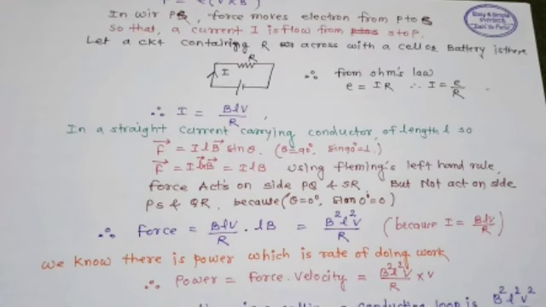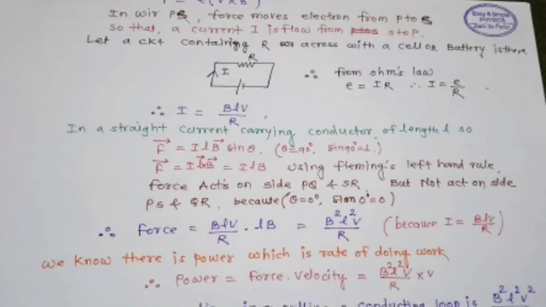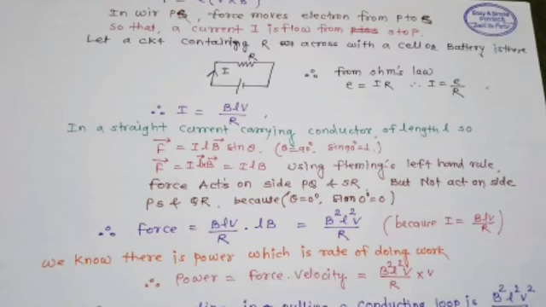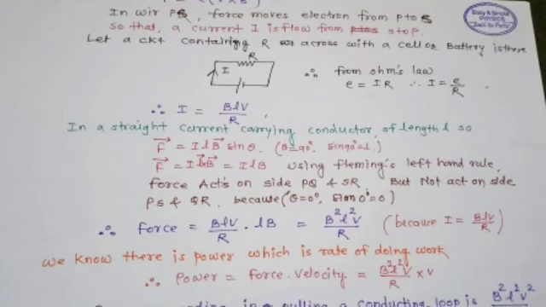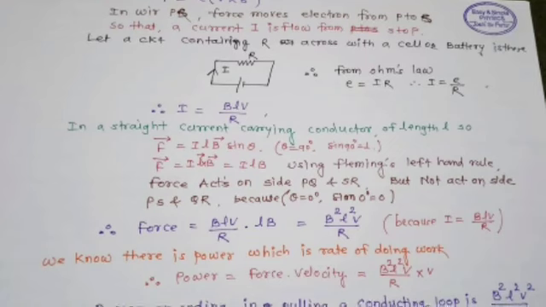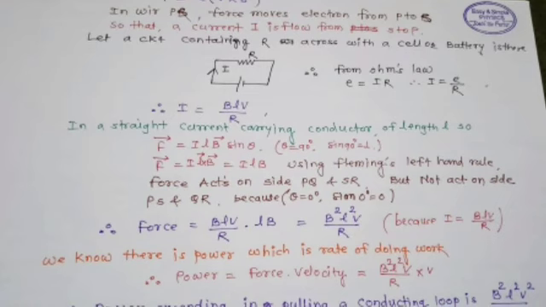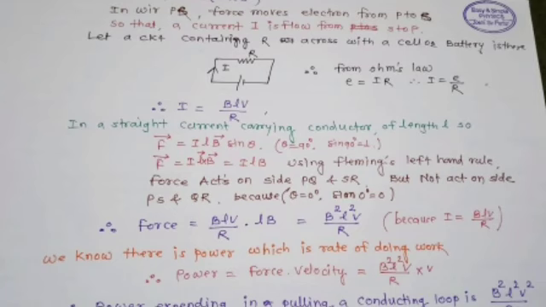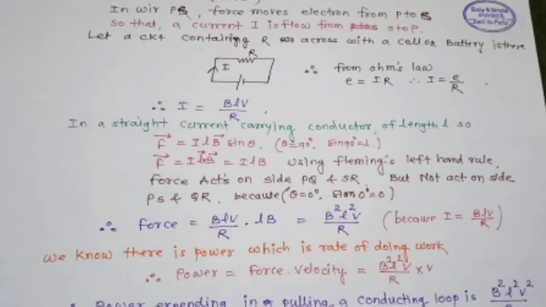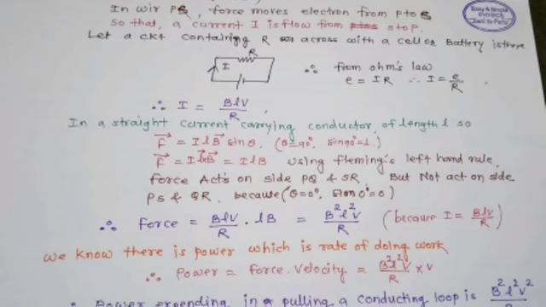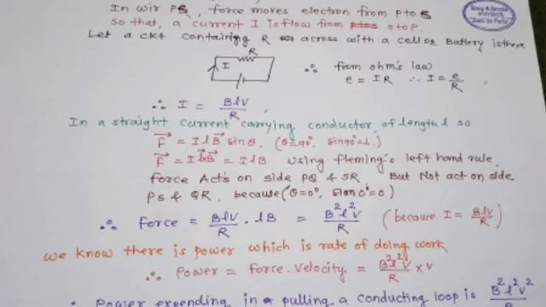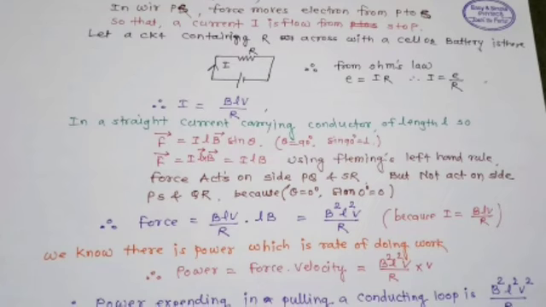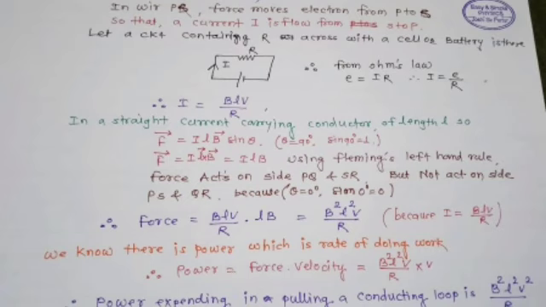In a straight current carrying conductor of length L, force vector F equals IL vector B sin theta. As theta equals 90 degrees, sin 90 degrees equals 1. Therefore, force F vector equals I vector L cross vector B, which is equal to ILB.